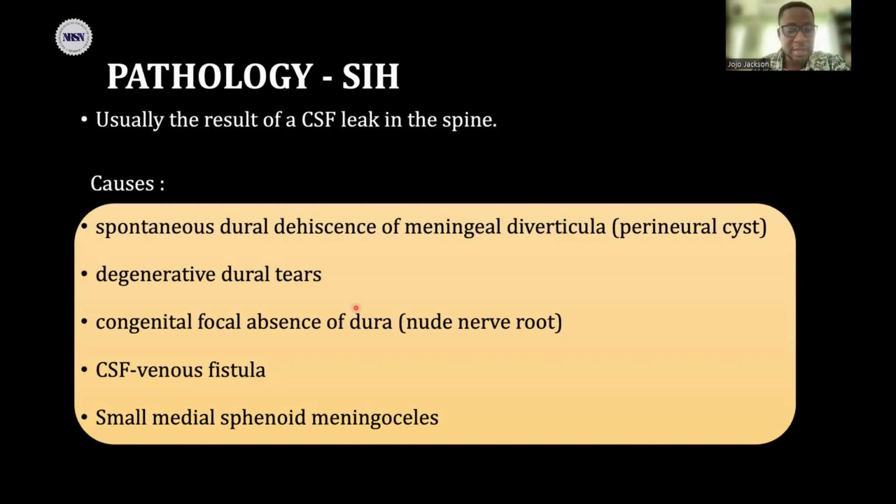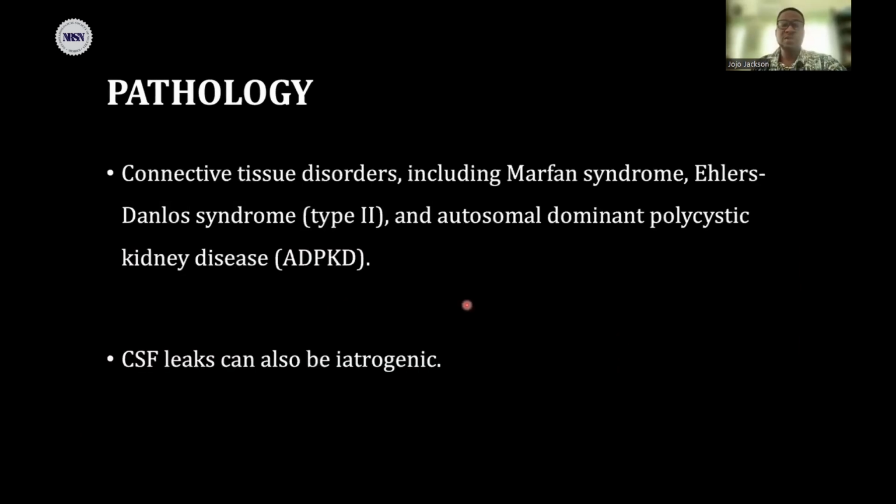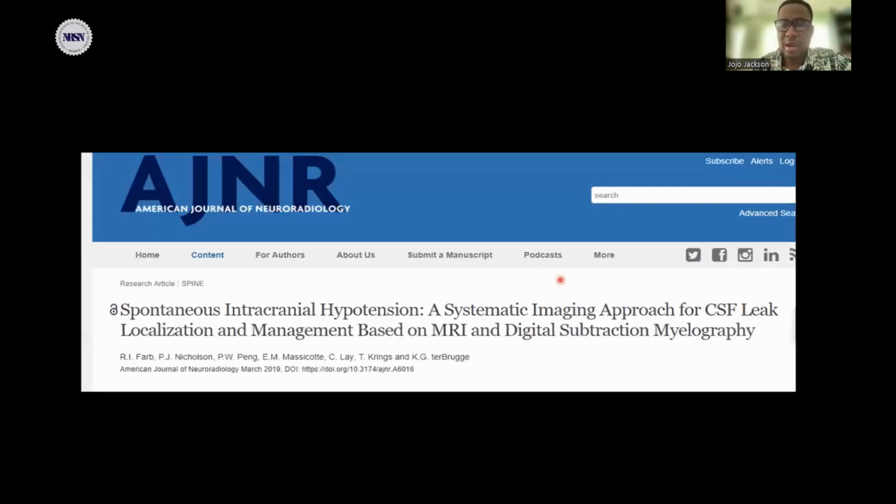In other cases, there will be a small sphenoid meningocele. There are other connective tissue diseases that predispose patients to having CSF leaks. These include Marfan's, Ehlers-Danlos syndrome and adult dominant polycystic kidney disease. We have to remember that CSF leaks can also be iatrogenic.